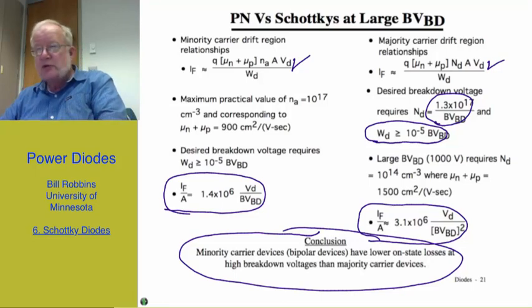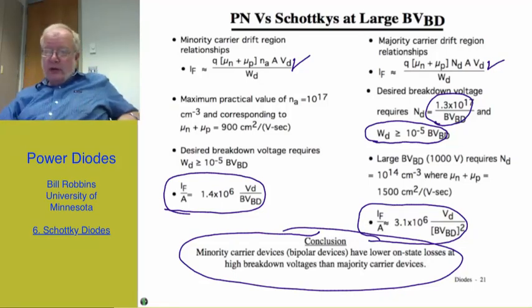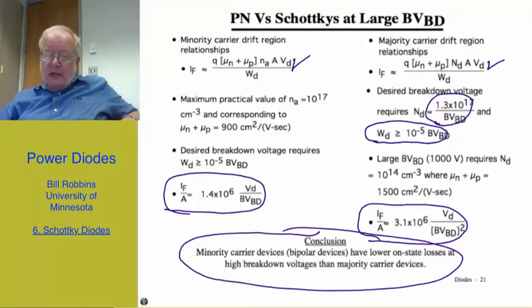So as you go to extremely high voltage ratings, you're probably going to be using only p-n junctions. Now, this has been somewhat mitigated in the last few years by the emergence of Schottky diodes made out of silicon carbide, which have breakdown ratings as high as a couple of thousand volts, and in laboratory experiments even larger.